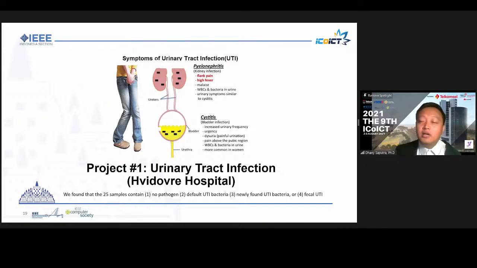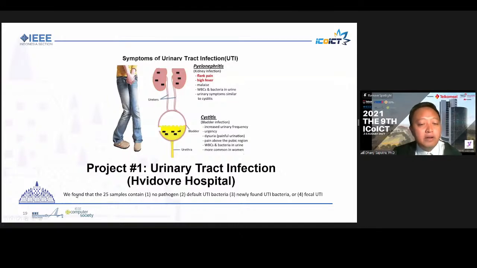But other than that, bioinformatics can do many things other than just health. For example, my project during my PhD was urinary tract infection detection.